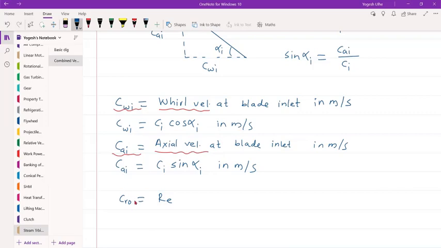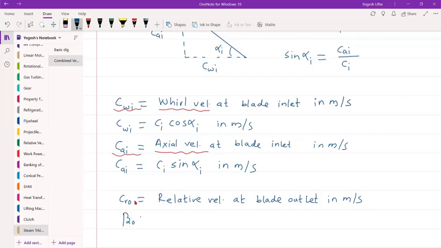So CRO means relative velocity at blade outlet, in meter per second.